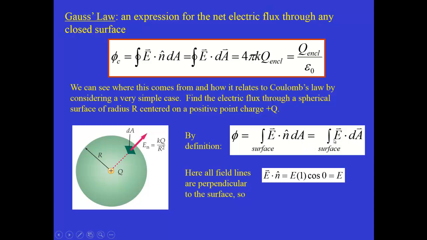So everywhere on the surface, E dot dA can simply be written E times dA times the cosine of 0, because E and dA are parallel. So the E dot dA inside the integral simply becomes E times dA, and we know what the E is for points on the surface of the sphere.